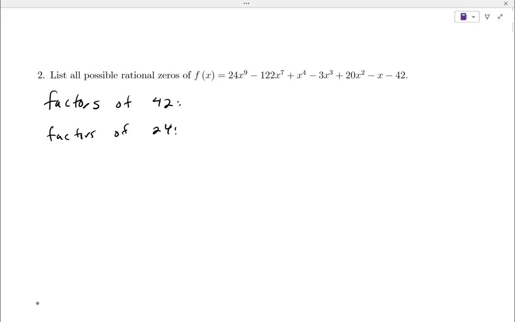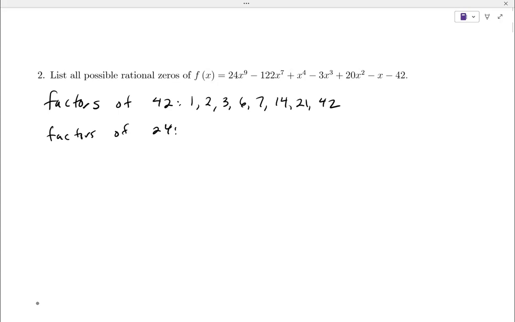What are your factors of 42? 3 goes into it 14 times, and then 21 times, and 42 times. Sometimes it's easier to pair them up, right? 1 goes with 42, 2 goes with 21, 3 goes with 14, 4 doesn't work, 5 doesn't work, 6 goes with 7, and you're done, because you got to the middle.